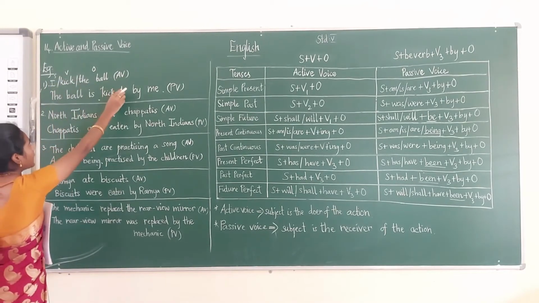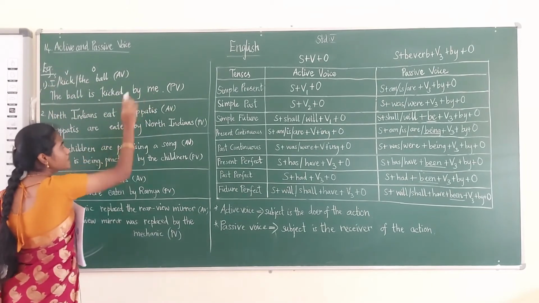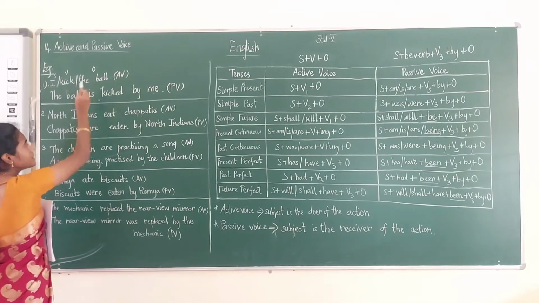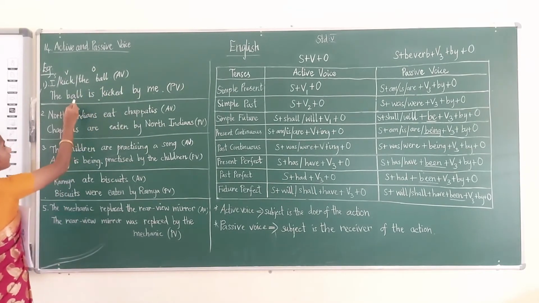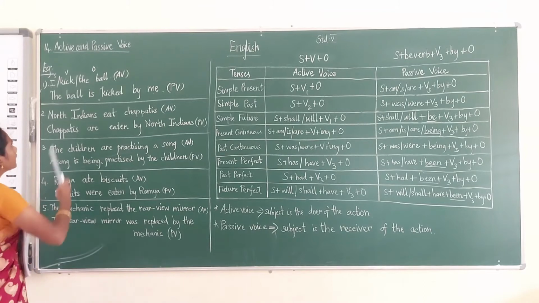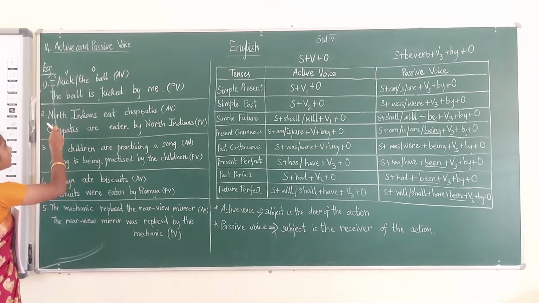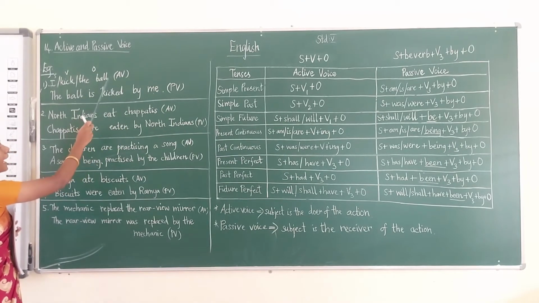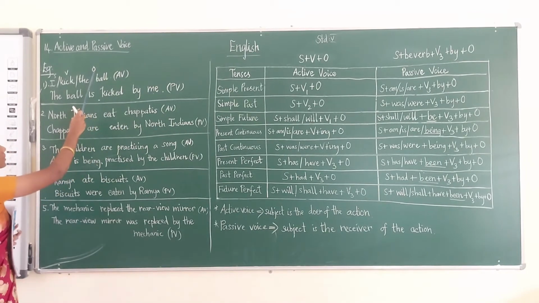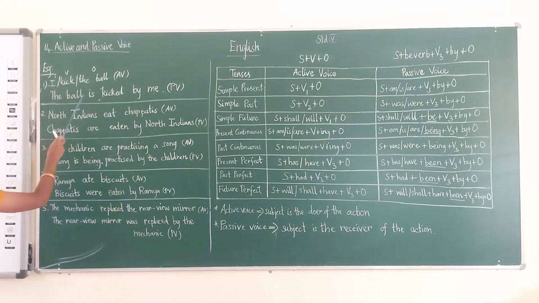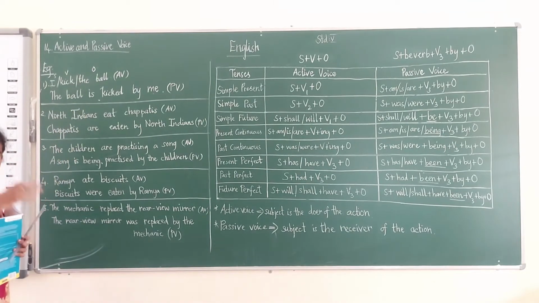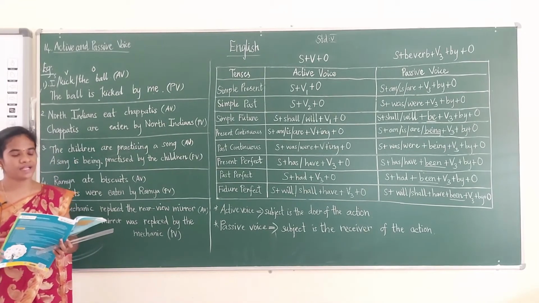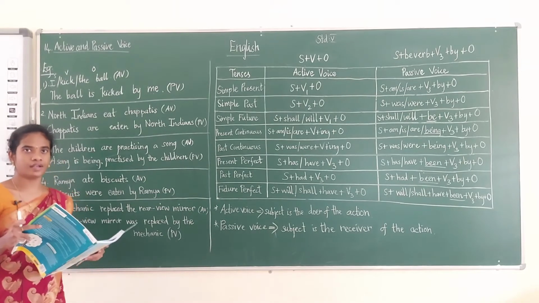While writing the passive voice, the subject becomes the object. And the object in active voice becomes the subject in passive voice. So I became the object in passive voice. The ball is the object in active voice, so it changes into the subject in passive voice. Subject became object, object became subject. Students, are you clear with this?